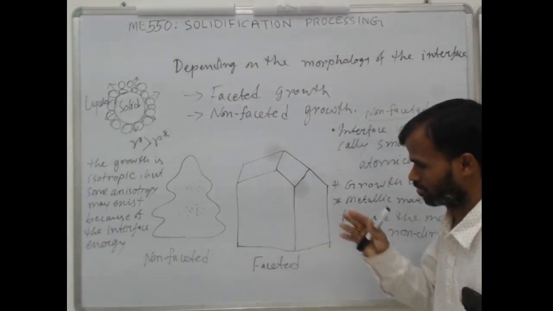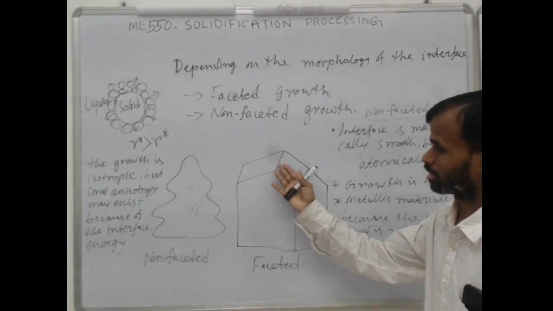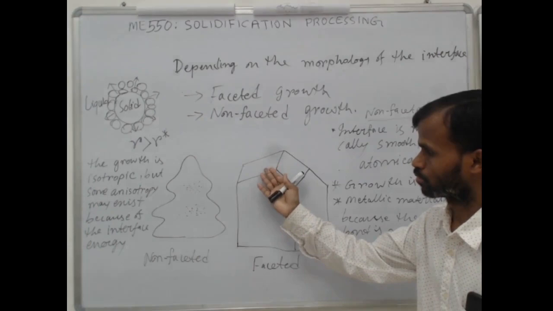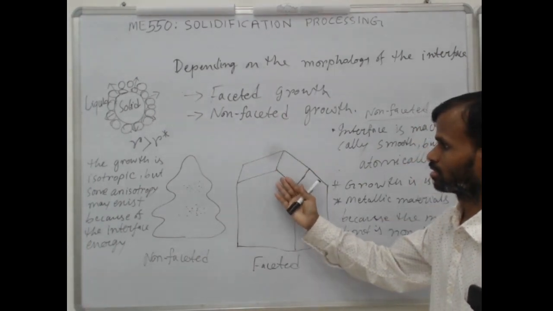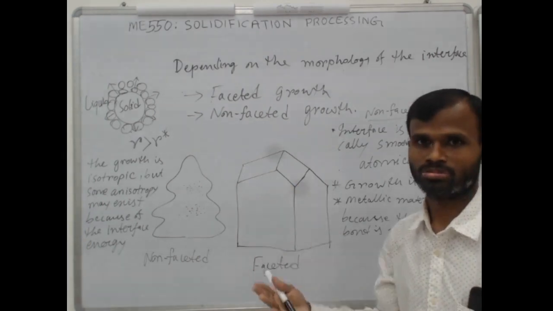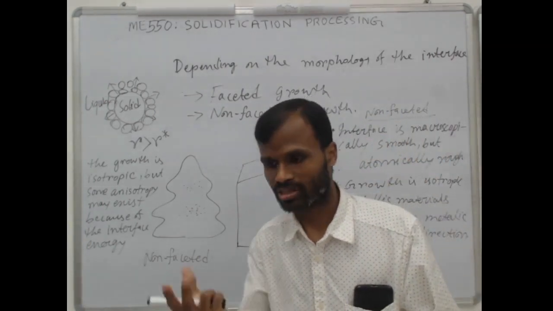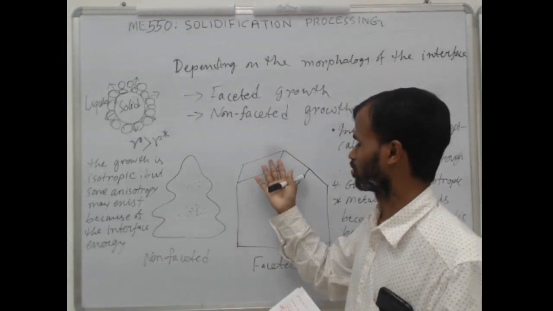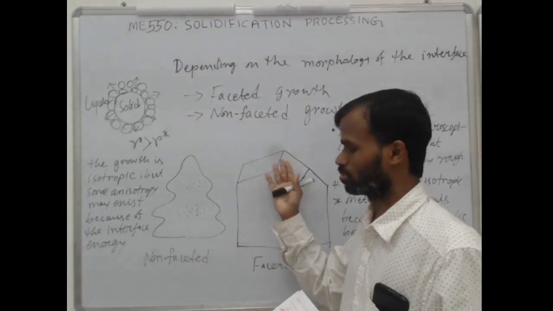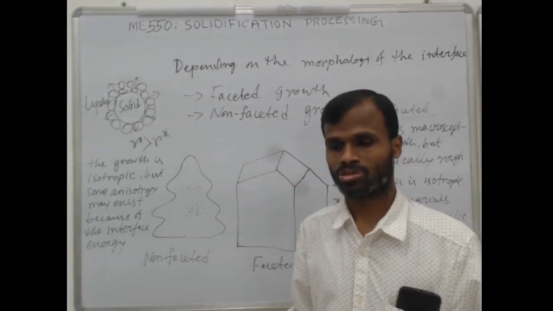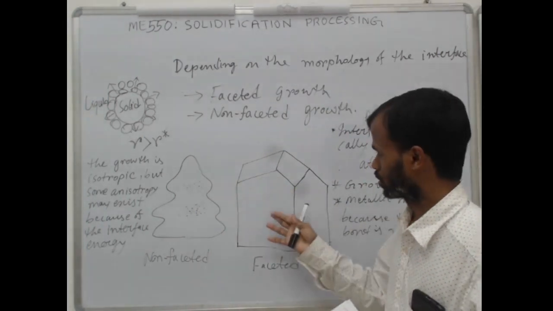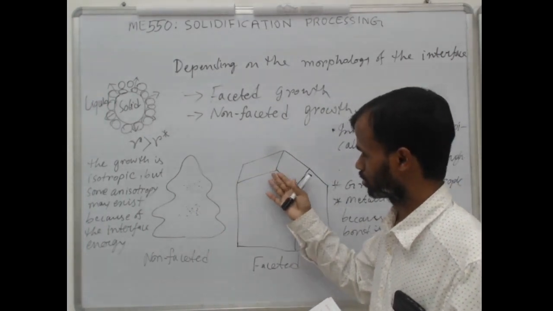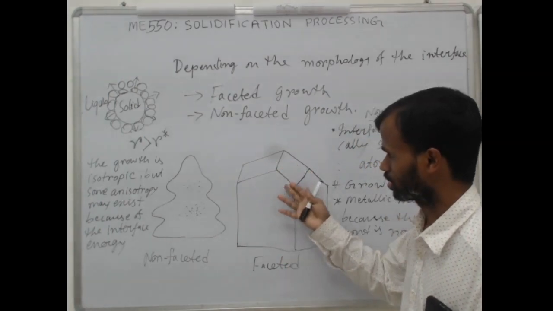If you see the faceted, atomically they are growing along different planes. Now when they become bulkier, then in bulk also these planes will be there. So then on bulk scale they look very rough. So atomically they are smooth, but in bulk they are rough.